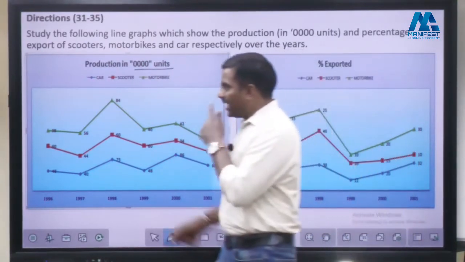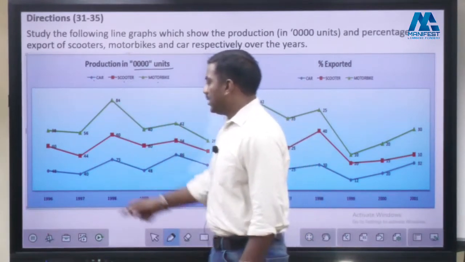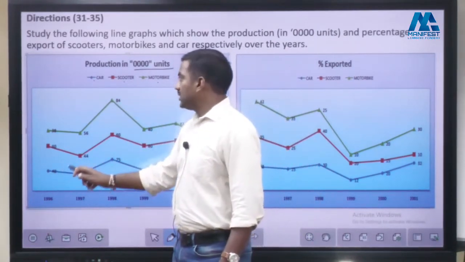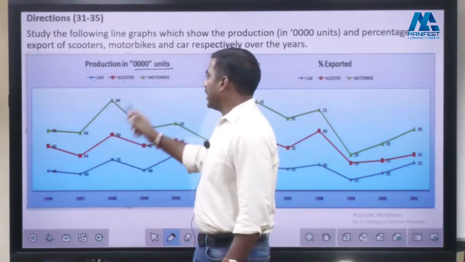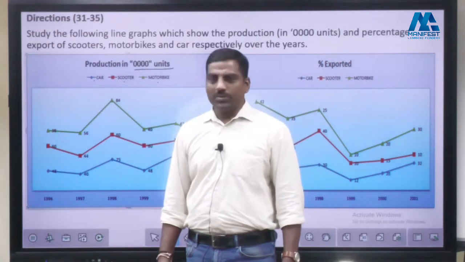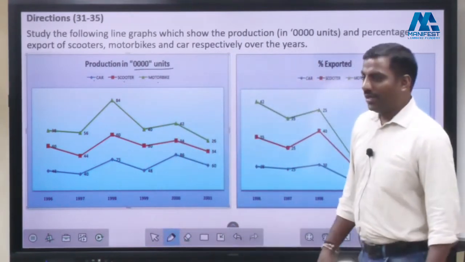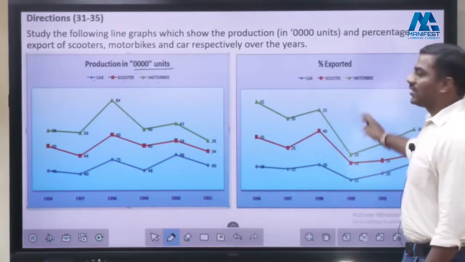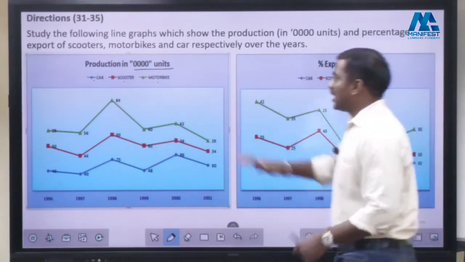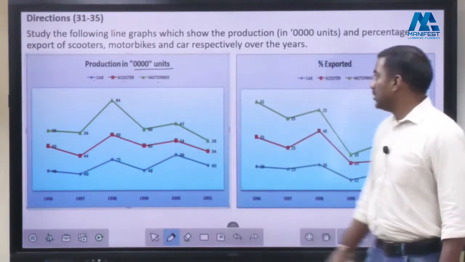Okay, 3 things are there: car, scooter, and motorbike. Car denoted by rhombus, scooter denoted by square, and motorbike by triangle. Here your power has to be very powerful. Then here what they have given: these are the produced number of cars, scooters, and motorbikes.